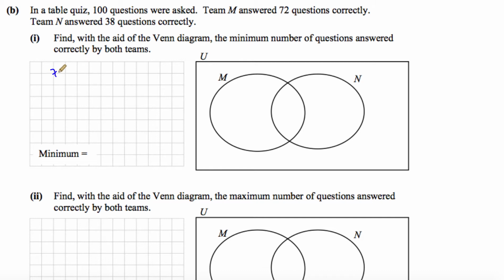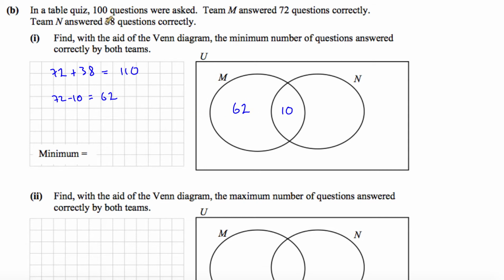Okay, so if we add the 72 and the 38, we get a total of 110. So we know then, because there's only 100 questions asked, that you could have 10 here in the middle. And if there's 10 there, there was 72 in M. Well, 10 of them are in there, so 72, take away the 10, leaves 62 for the rest of them.